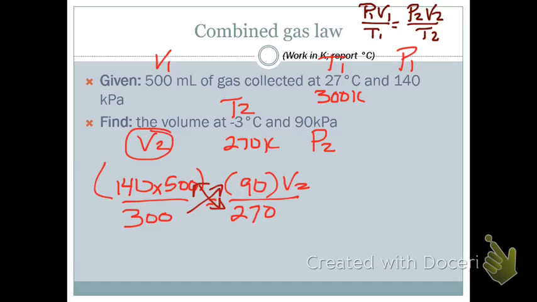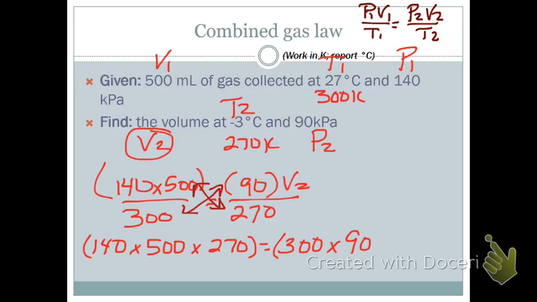Okay, now I have to cross multiply. Cross multiply and divide. This is going to make a linear equation, which is going to be, open parentheses, 140 times 500 times 270 equal to 300 times 90 times V2.